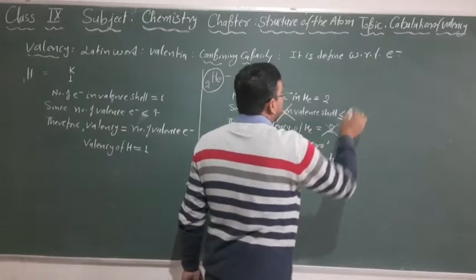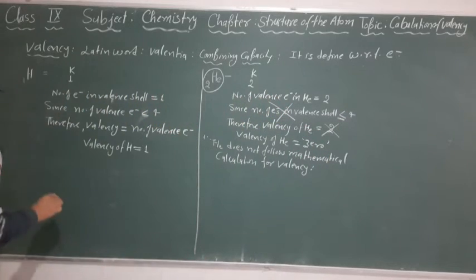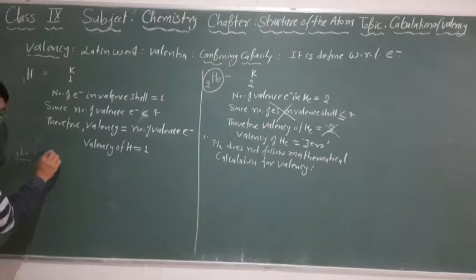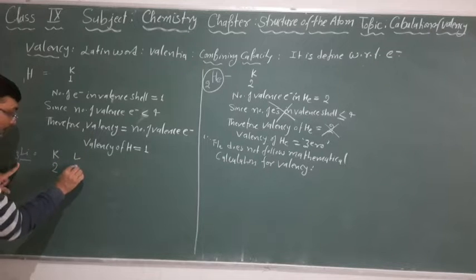Next case, lithium. Atomic number 3. So the K cell accommodates a maximum of 2 electrons. So 1 electron is left, so that will go into the L cell.